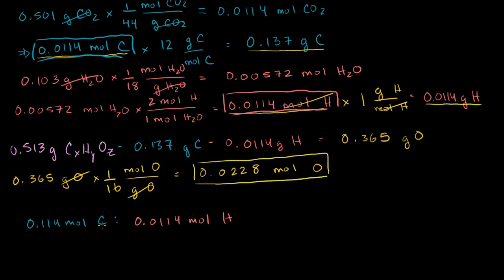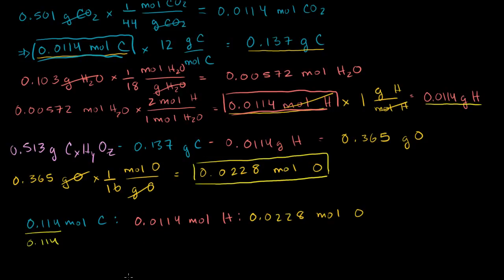So we're going to have a 1-to-1 ratio. To, and then we have the oxygen, 0.0228 moles of oxygen. And this looks like exactly twice that. So if we divide everything, this is another way of writing the ratio.